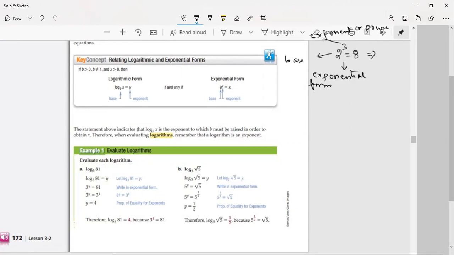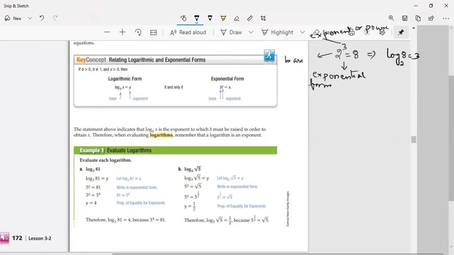So when you convert this into logarithmic form, you will write log, and the base will be the same. The base here is 2, here also it will be 2. Only these two values will exchange. 8 will come on the left side and 3 will come on the right. So 2 to the power 3 is equal to 8 becomes log 8 to the base 2 is equal to 3.